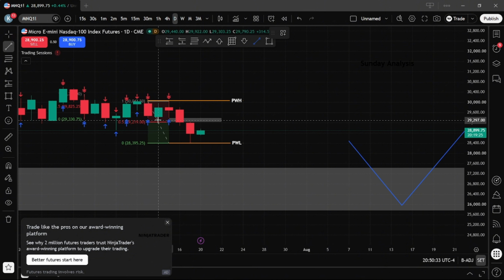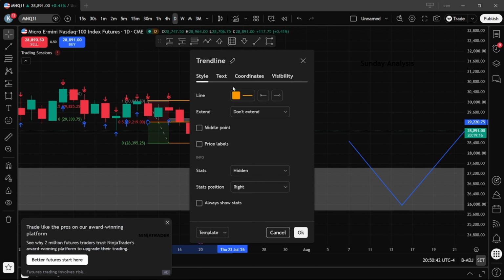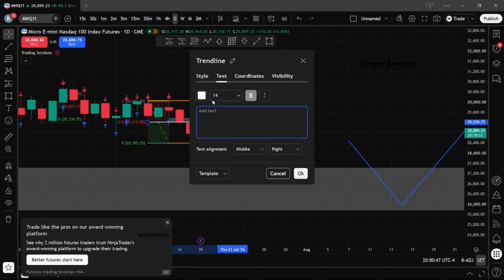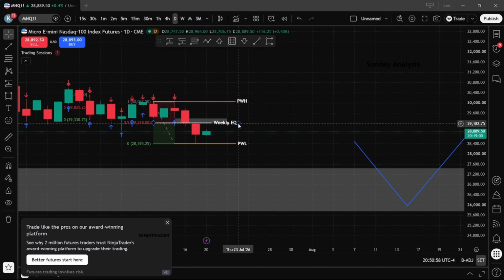Let's take the magnet off, and shift, boom, and give this a different color. Then we'll say weekly equilibrium. It's the middle point of it. Let's stretch it out a little bit even further. Boom. That's the middle point.